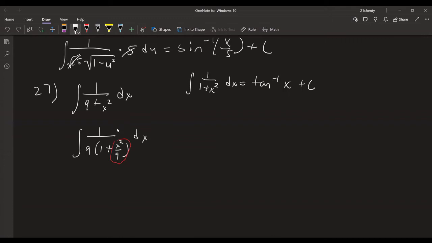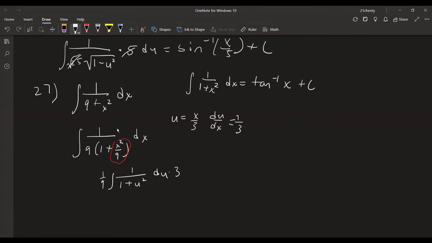into x squared by just u subbing u equals x over 3, which means du over dx equals 1/3. So we can factor out the 1/9, and plugging in the u as well, we get 1 over 1 plus u squared du, times 3.